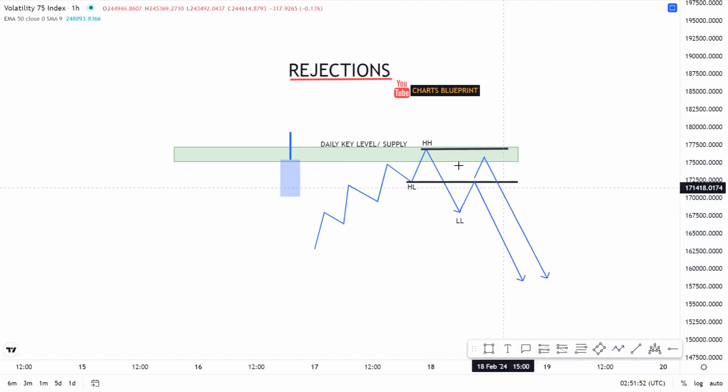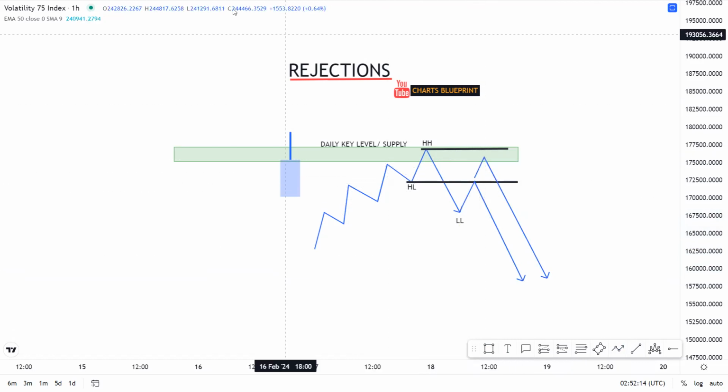Now, of course, our signal for sell would be rejection candlesticks, bearish momentum candlesticks off this level, rejection and bearish candlestick formations once price retraces into the level from the hourly time frame perspective.